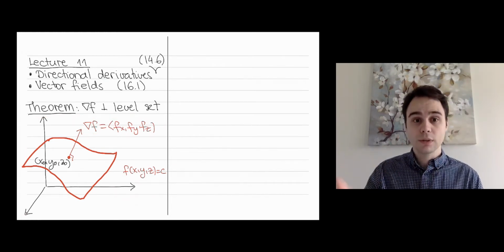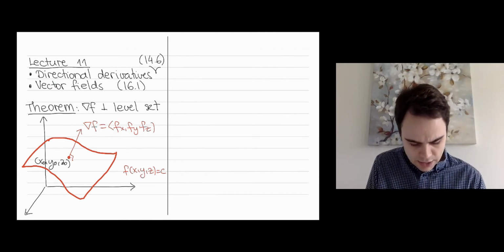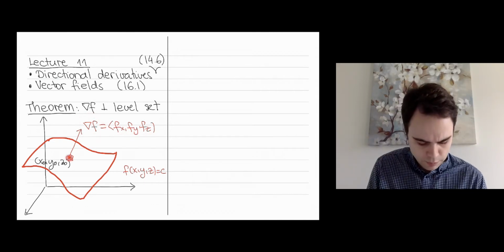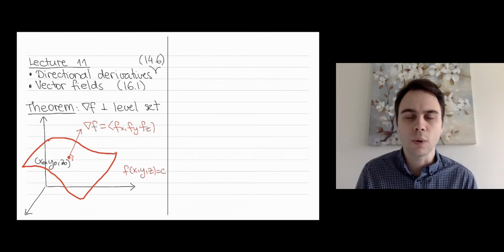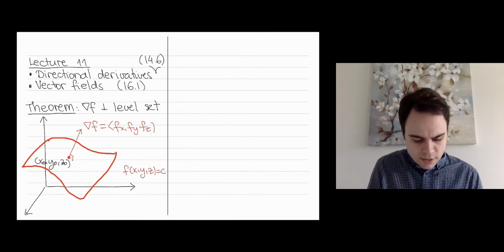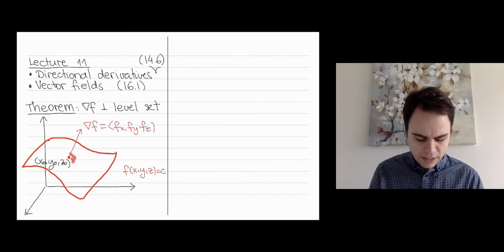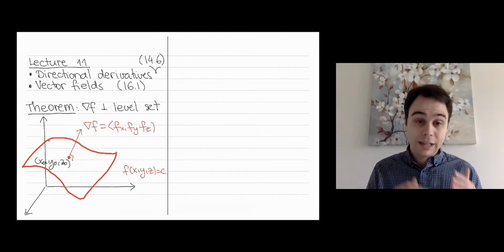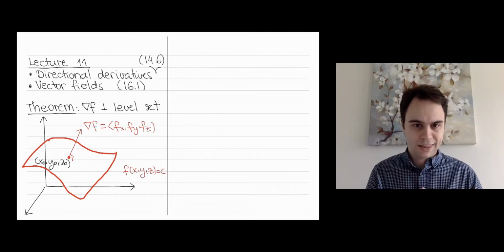Okay, here's what the theorem says. If you look at a function and you compute the gradient of the function at a particular point, maybe this point here, x0, y0, z0, then you're going to get a vector. And the theorem is telling us that this gradient is perpendicular to the level set of the function at that point.